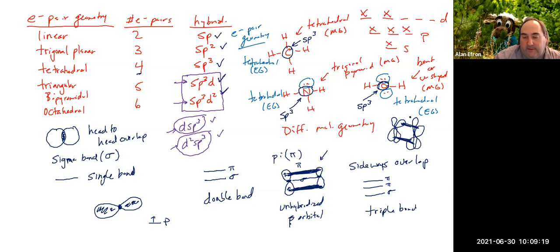And I'm not an artist, which is obviously why I don't teach art. But we have this double set of unhybridized p orbitals making a pi bond and another pi bond, along with, if you want to think about it, a sigma bond in the middle. And that's what basically makes up a triple bond when we see it. Any questions on that?